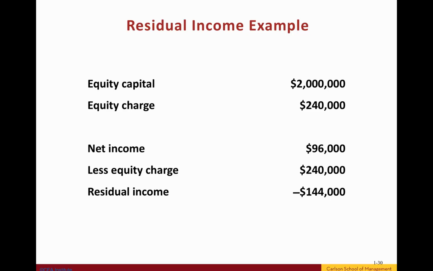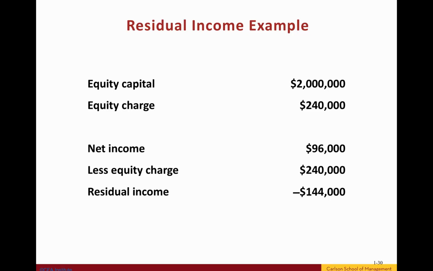So what the residual income method helps us see is that a company might have positive GAAP income, so positive income of $96,000, but you'll see that once we take into account the equity charge of 12%, that equity charge is really what we need to compensate our shareholders for taking on the risk of investing in our company. Once we apply that equity charge of $240,000 to the $2 million of equity capital, we are left with negative residual income.